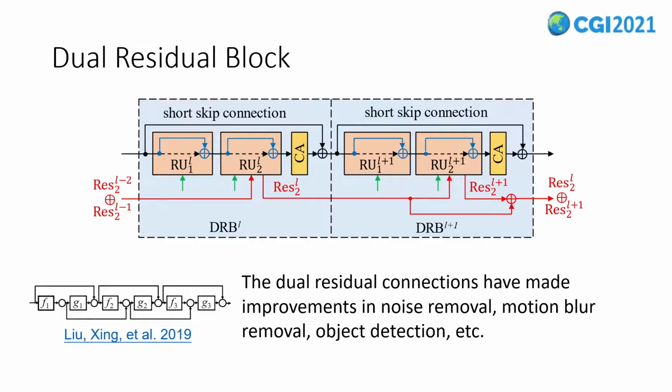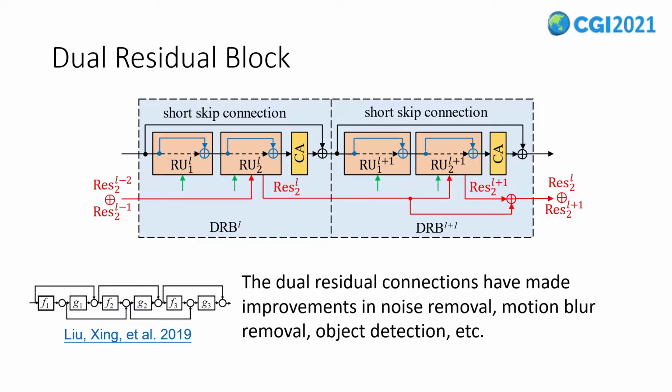But our dual residual connection is a bit different from the original paper. The blue lines can be seen as the vanilla residual connections of the ResNet. And the red line will stride over a residual unit. Therefore, the first unit of a dual residual block doesn't take in the red line.